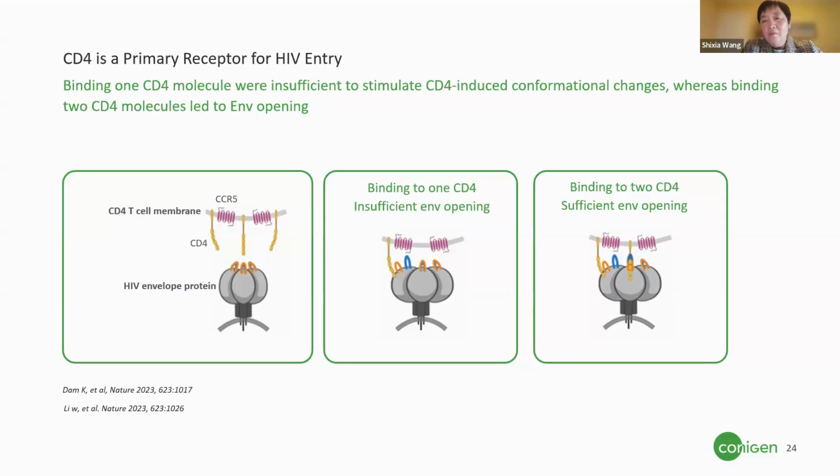When the envelope protein is bound to two CD4 molecules, there is sufficient opening of the envelope protein for the next stage conformation change, binding to the co-receptor, and viral entry. So this means the CD4 dimer is very important for HIV infection.